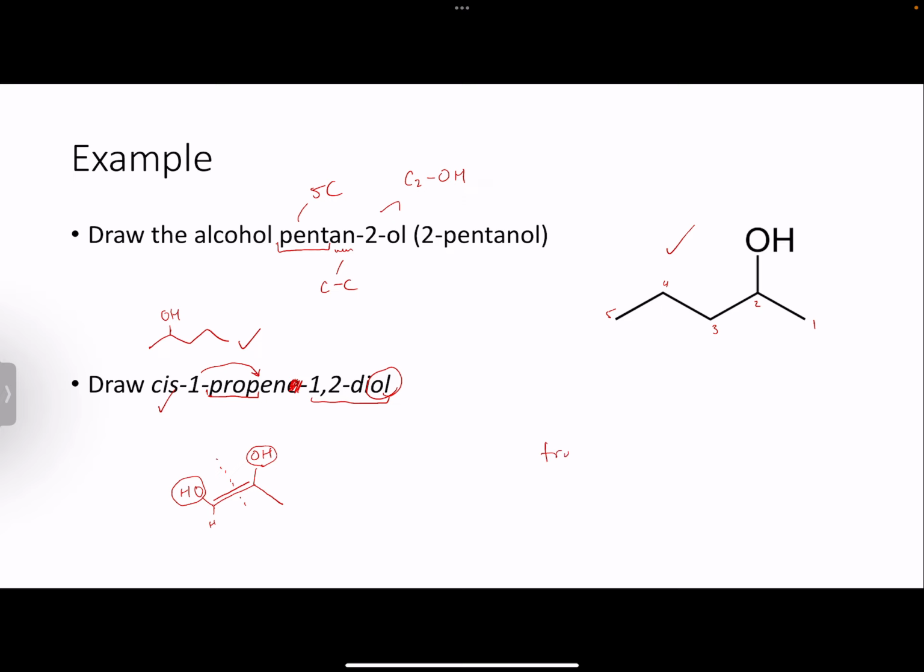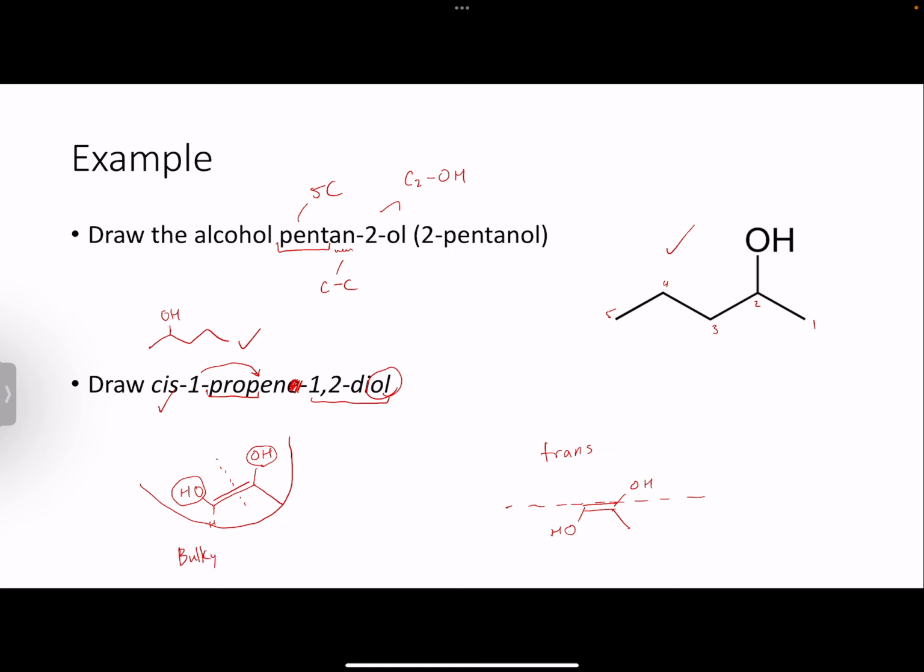If I wanted to draw the trans isomer, starting with the double bond, I would have to have the OH groups in this case on opposite sides of this kind of horizontal plane that the double bond runs through. So that would be the trans isomer of this, and we'll talk about packing later on, but because of this bulky pattern, this is considered bulky.